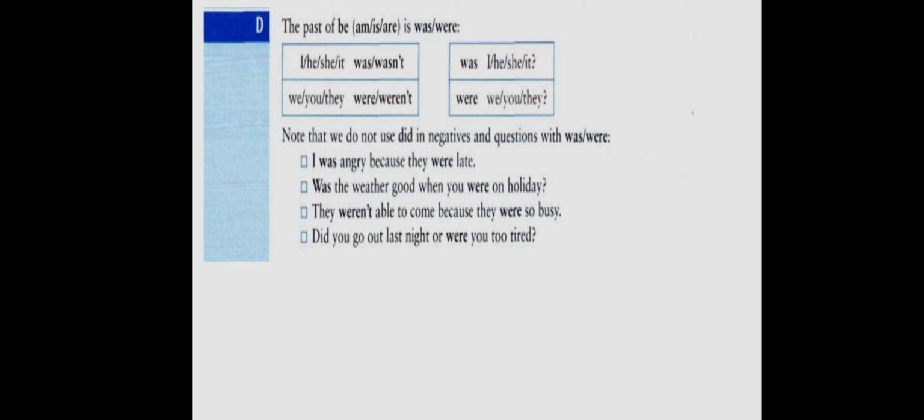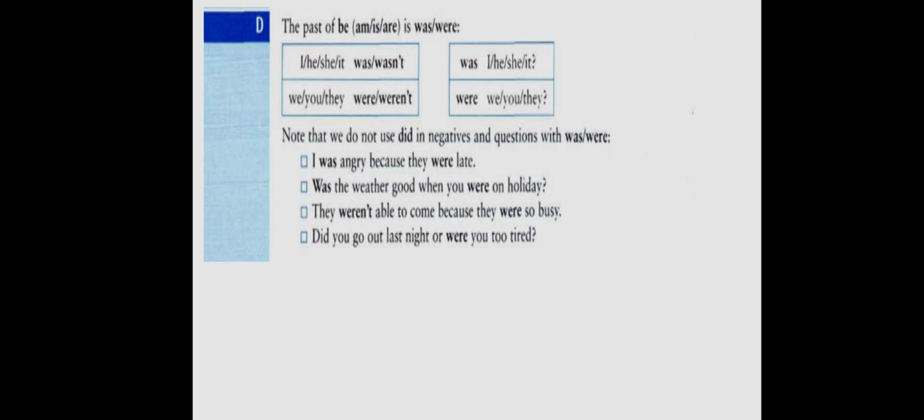You just take the helping verb was or were and put it at the beginning of the sentence to form the question, or you just use not with it to make it negative. For example, I was angry because they were late.